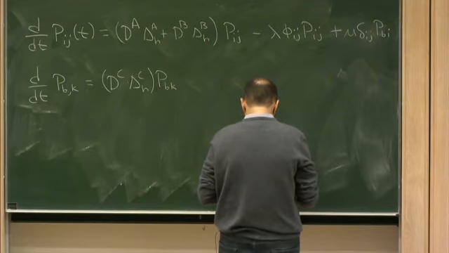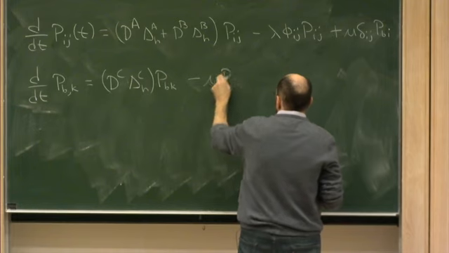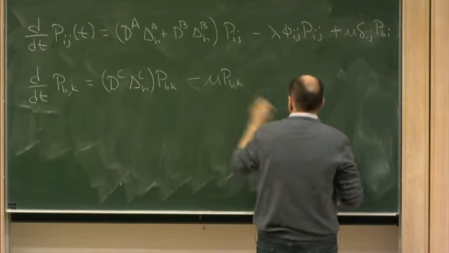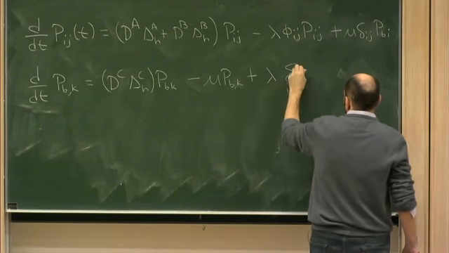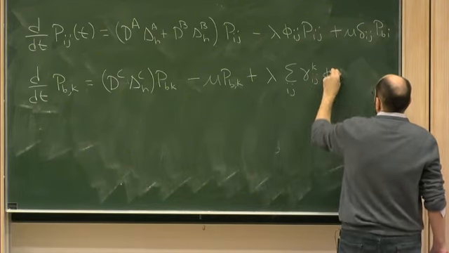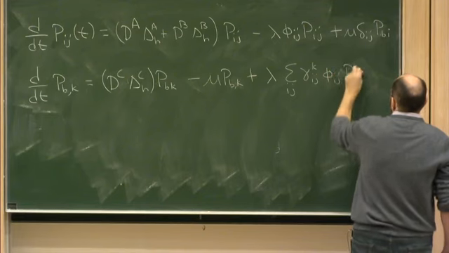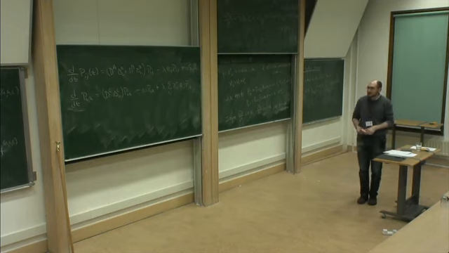You get a source term of the following form, also the sink term, and then a source term of gamma ijk phi ij Pij.